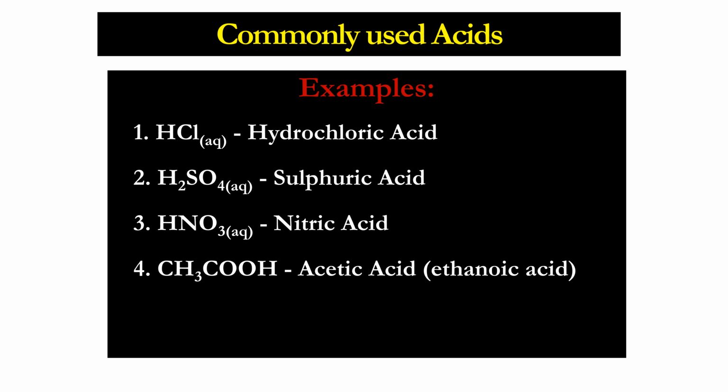We now look at commonly used acids. Some of the commonly used acids are hydrochloric acid, sulfuric acid, which is H2SO4, nitric acid, HNO3, and acetic acid. We also call acetic acid ethanoic acid.